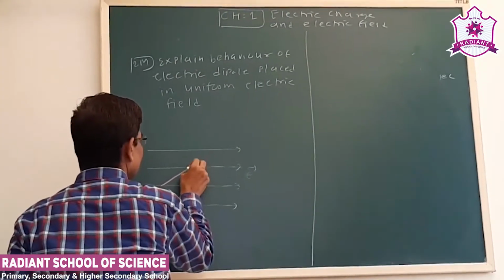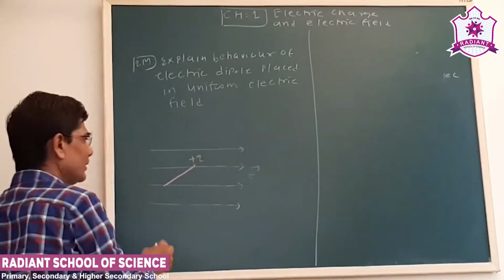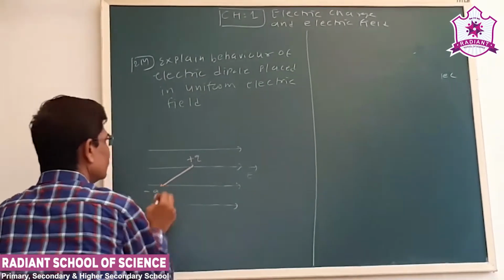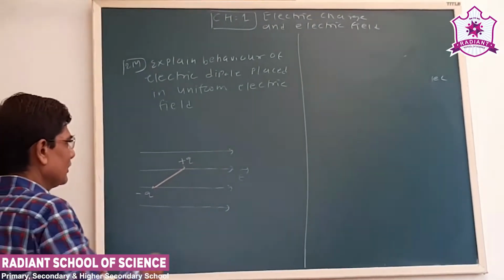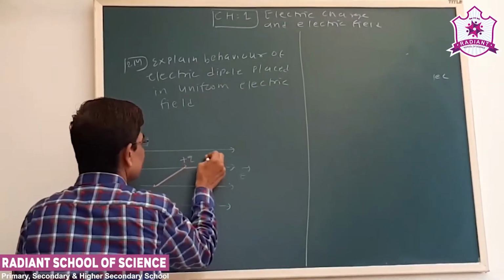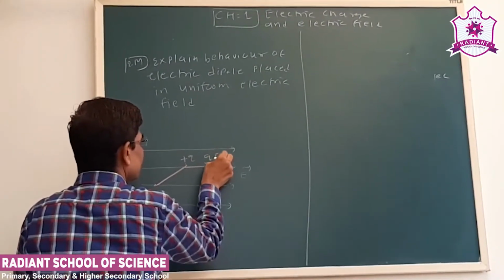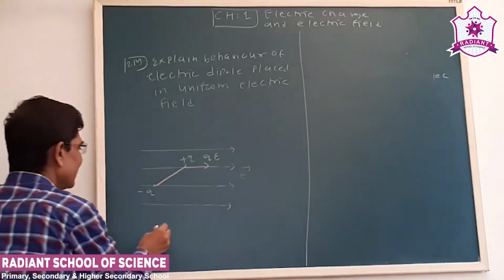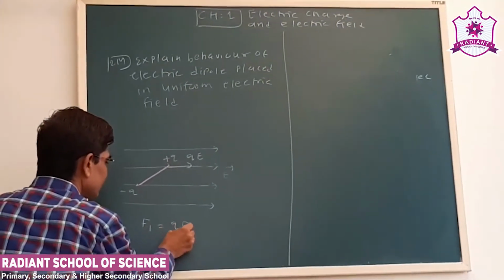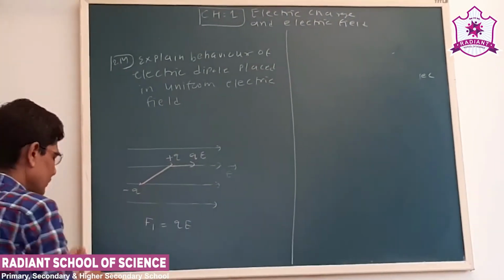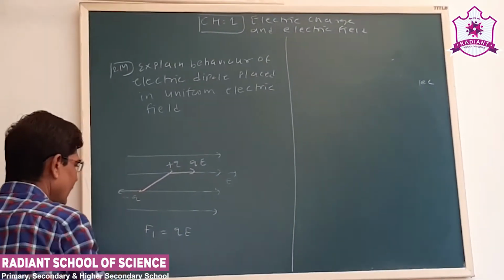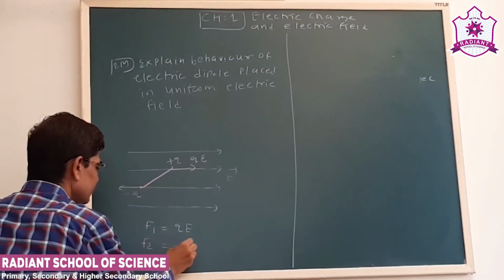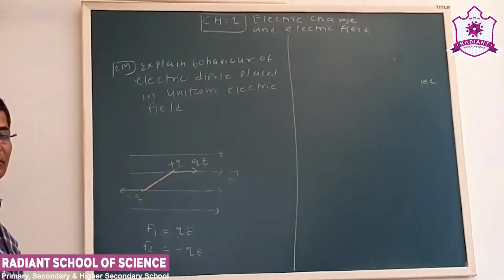Now see, the charge on the dipole is plus Q here and minus Q. What are the forces on the dipole? F1 is QE. Now the second force F2 will be minus QE.